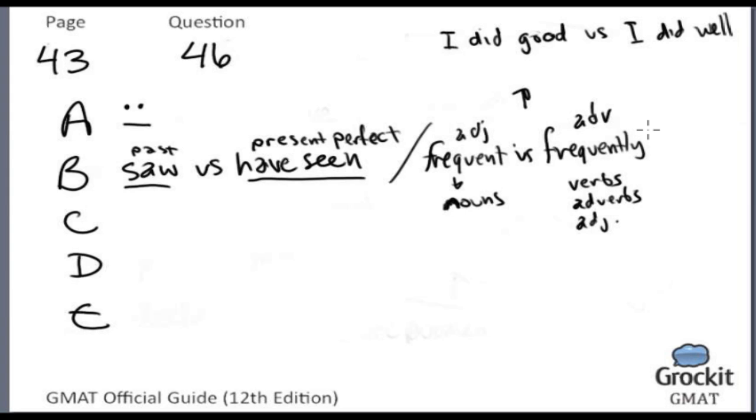But this is what people are getting at when they complain about people saying, how are you? Oh, I'm good. Well, if you're good, maybe you are giving money to orphans or something like that, versus I am well, it's a little bit different. Or, how did you do? I did good versus I did well. It's not usually going to be good versus well in the GMAT. It's going to be something more like frequent versus frequently. And in some cases, it can dramatically change the meaning. So be careful about this. And if you're not that comfortable with adjectives versus adverbs, definitely review this topic.